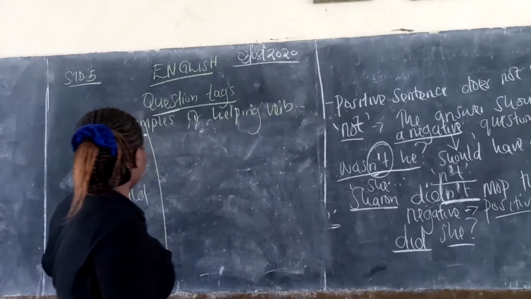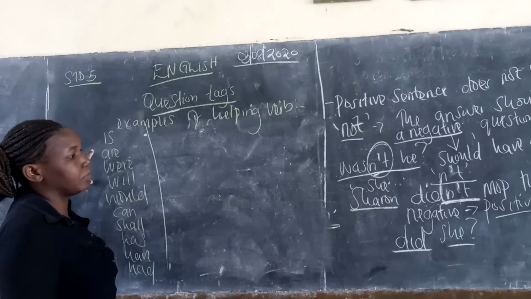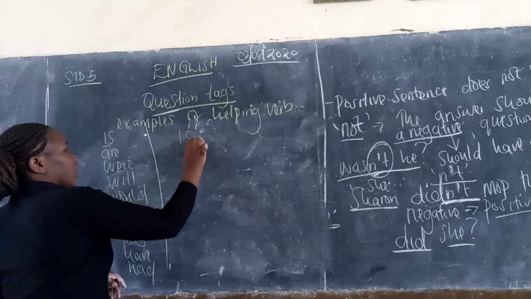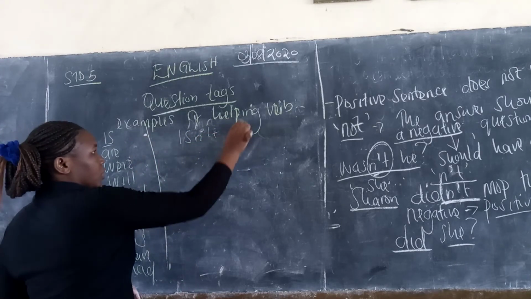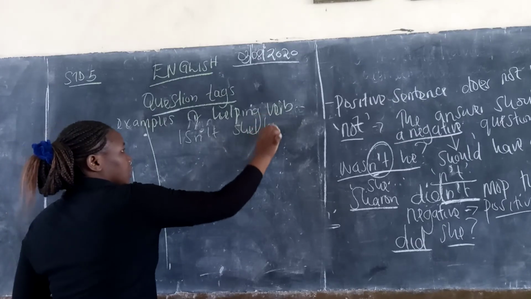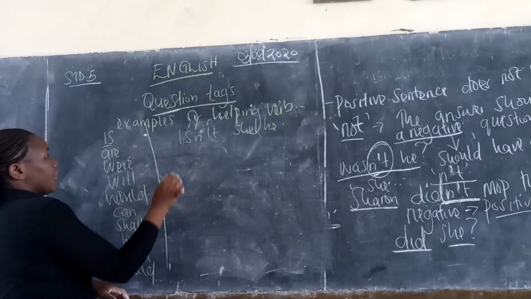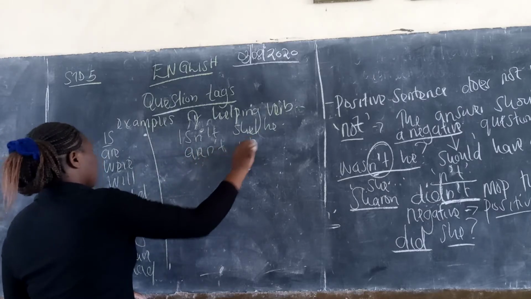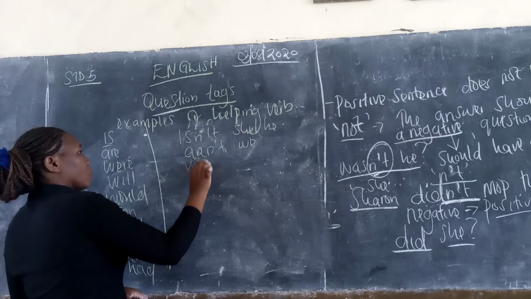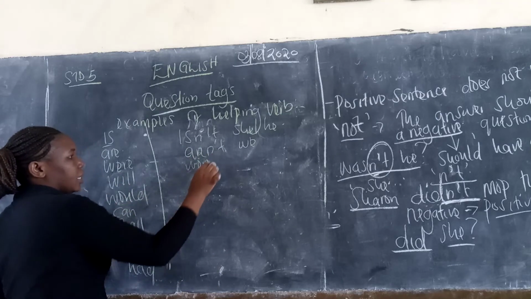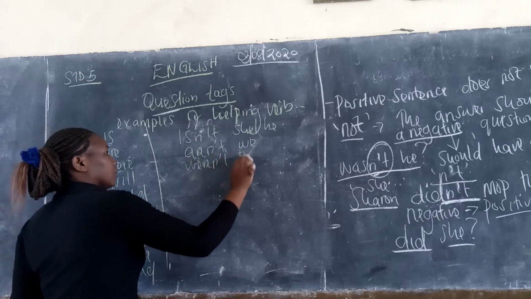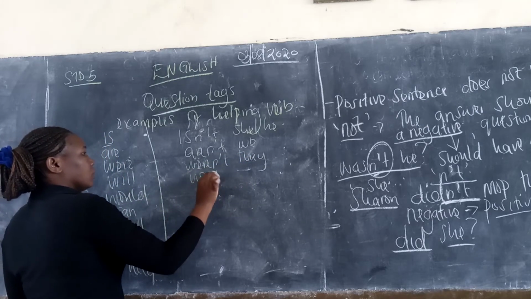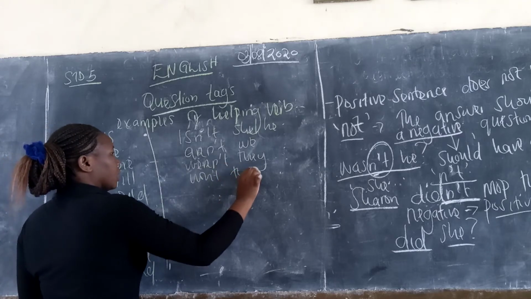When you see these helping verbs, they go with their question tags. For example, is goes with isn't she or isn't he. We have are, aren't we. Were, weren't they. Will, won't they.